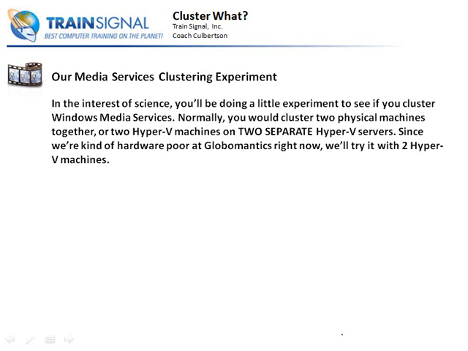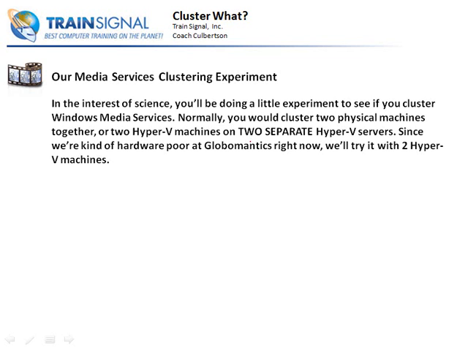Now, normally what you would do is you would cluster two physical machines together, or you would cluster two Hyper-V machines on two separate Hyper-V servers. Now, right now at Global Magnetics, we're kind of hardware poor. So what we're going to do is we're going to try to cluster two Hyper-V machines on the same physical server. Again, this is really more in the interest of science.